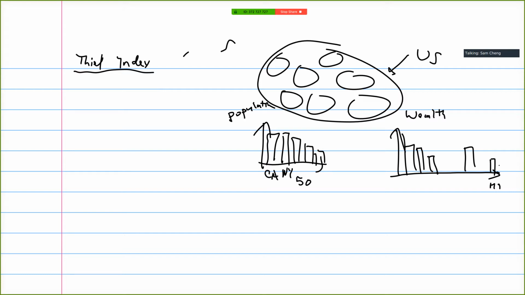Okay, so how do you measure inequality? Any suggestion, given these two distributions? Let's say this is the distribution in terms of wealth, called P, and this distribution, called Q, is the population distribution.